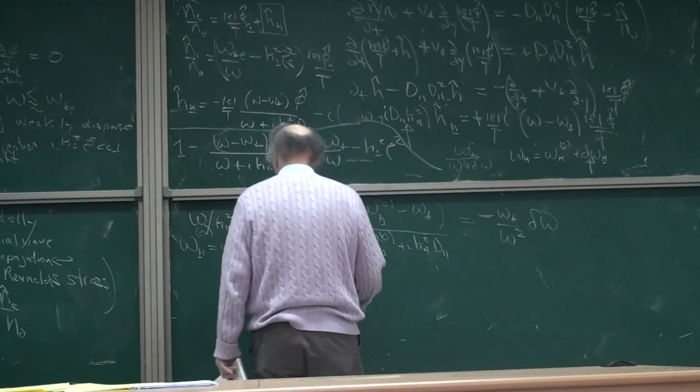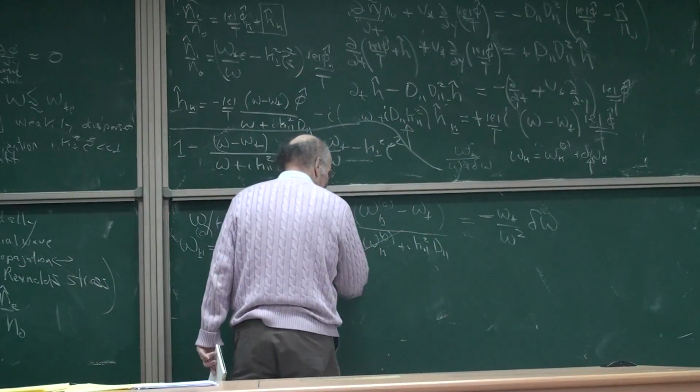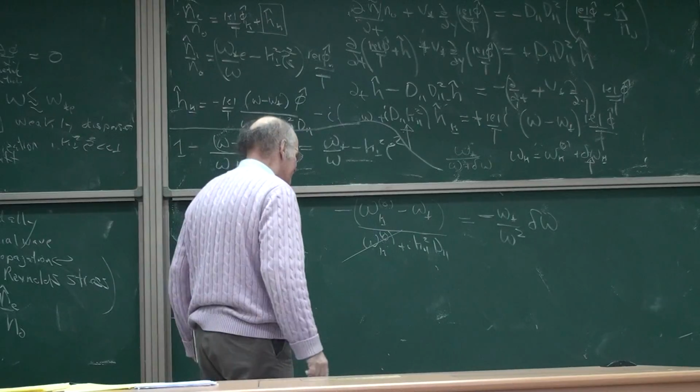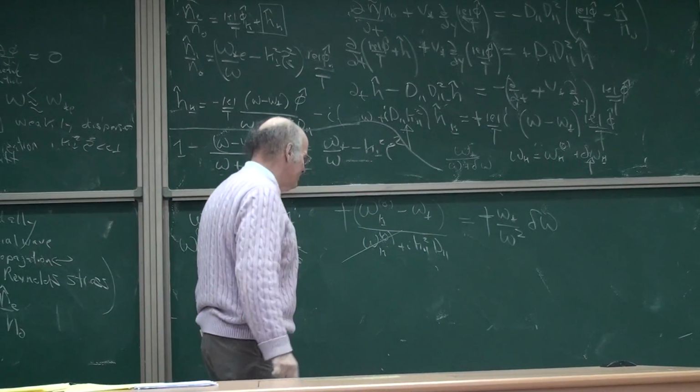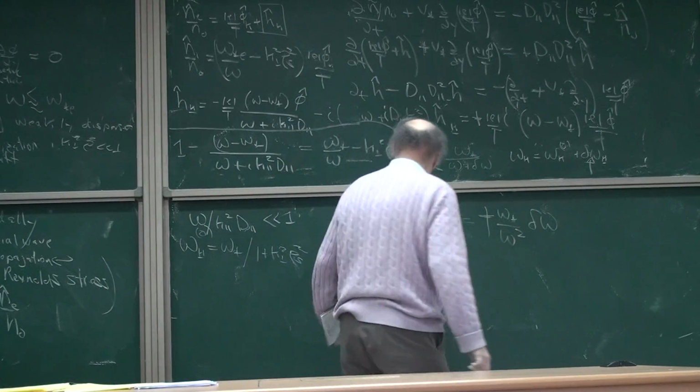So in the limit, again, we're in this limit, so we can drop this guy here. All right, so we have this. Right, and then we can bring him upstairs.